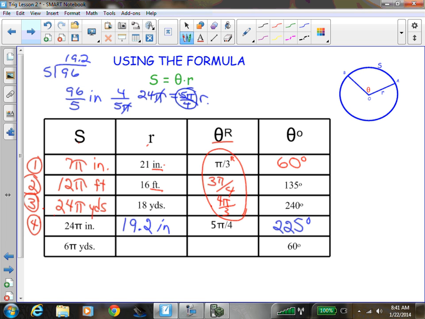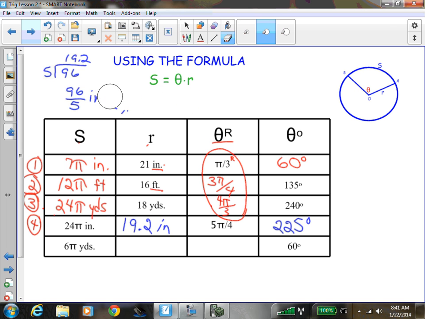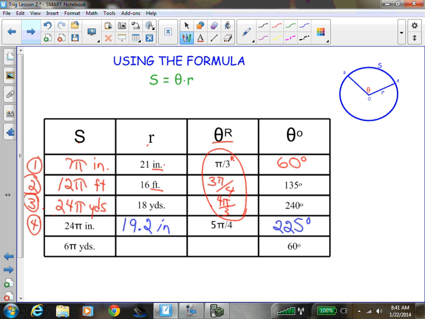Now, in this last one, notice that we're given degree measure and we're given theta. On that last one, what's the first thing that has to happen? We have to convert the 60 degrees to radians. So Peyton, how many radians is 60 degrees? Pi over 3.